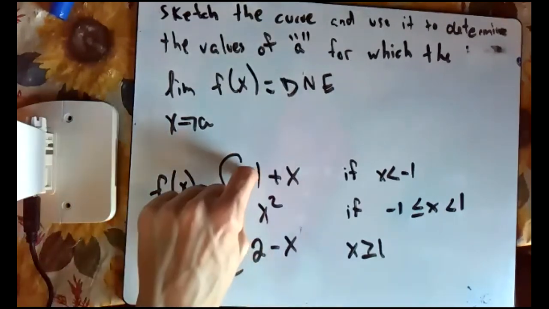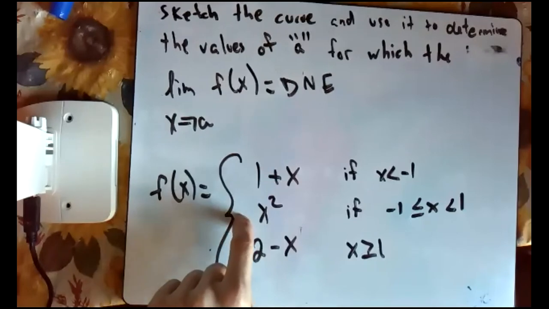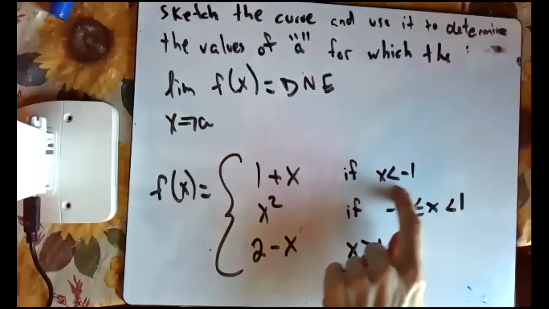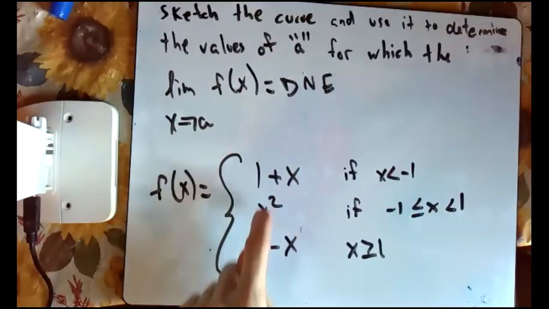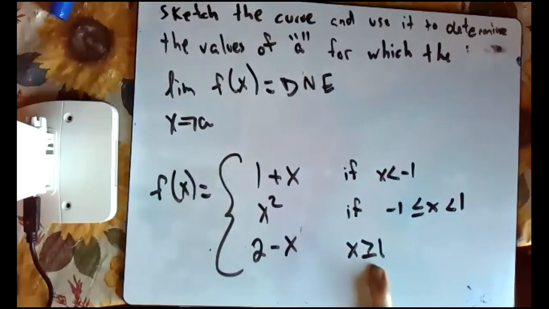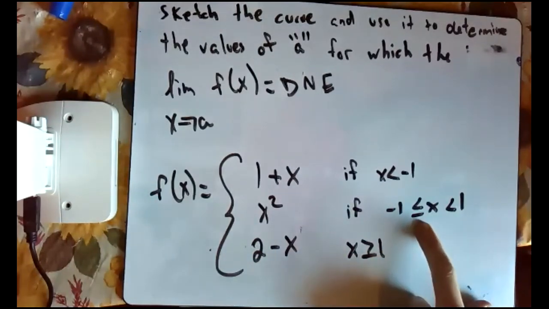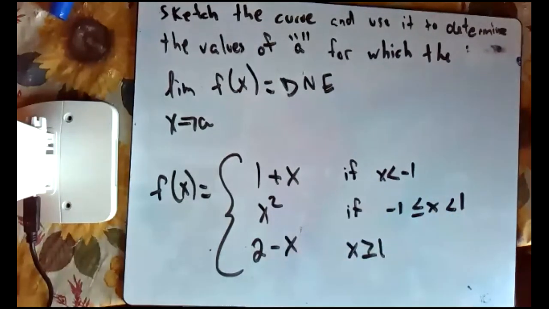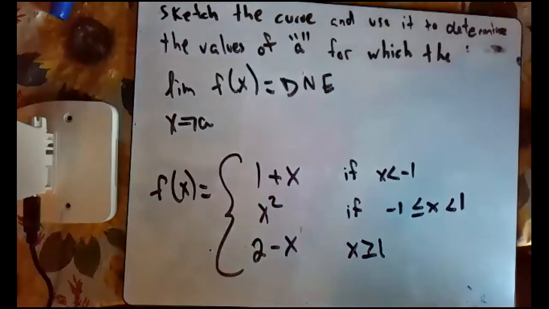If you notice, there are 3 smaller functions right here, but how do we know which one we work with? Well, it's by these domain restrictions. This says if x is less than -1, use 1 plus x, or if x is between -1 and 1, use x squared, and if x is bigger than 1, use this 2 minus x right here. Remember, this means greater than or equal to. These do not have bars, so that's not equal to. That's going to be very important when we graph this, because that's going to determine whether we have open or closed circles.